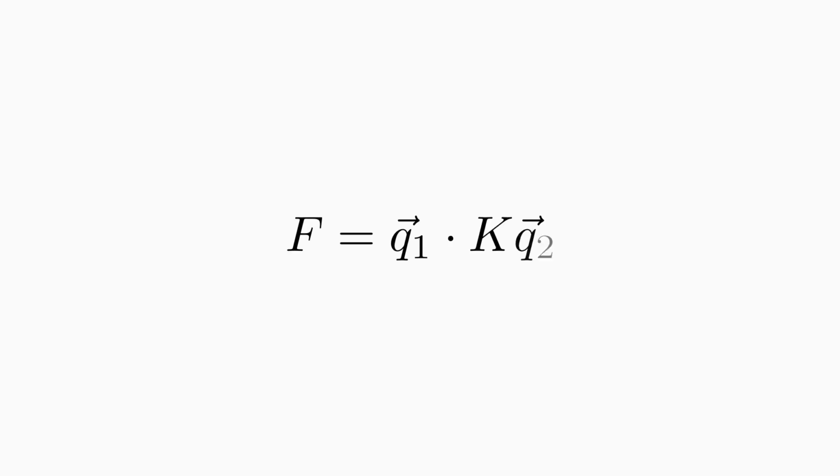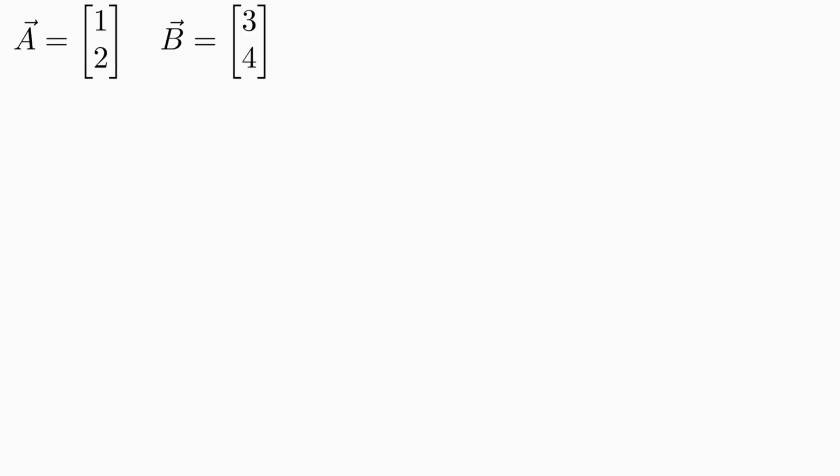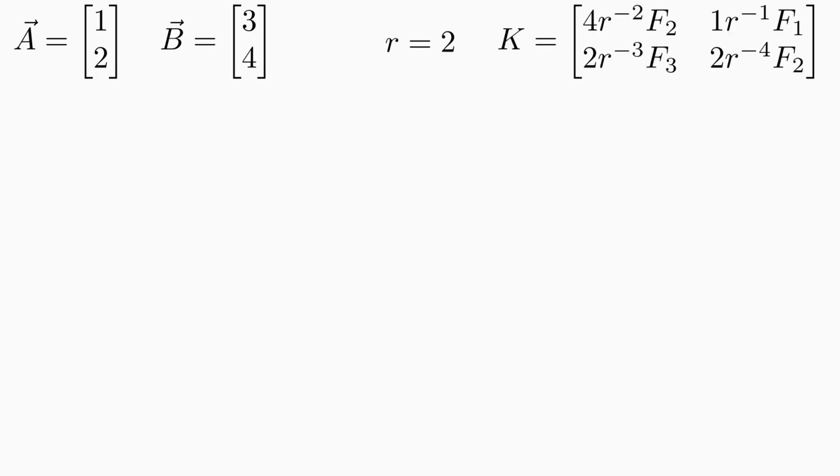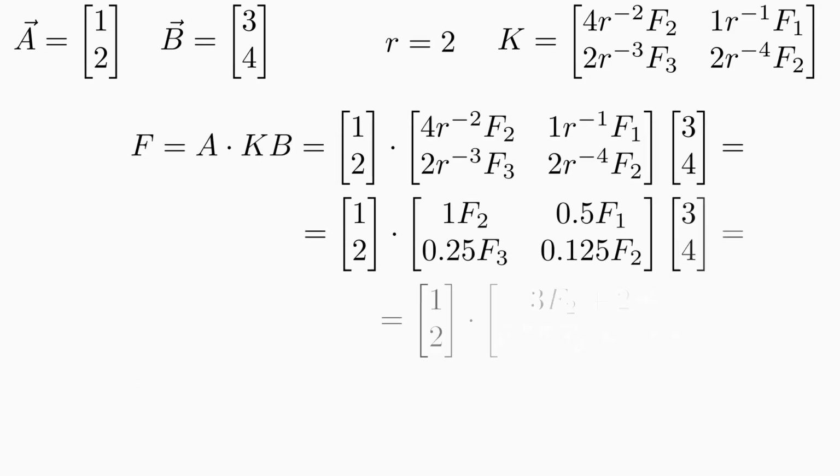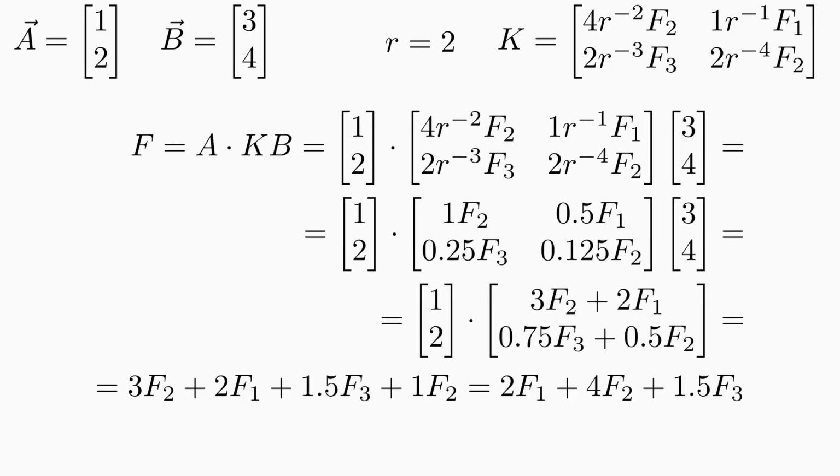As an example, if we have these 2 point charges separated by a distance of 2 and K is this, the force applied on A is 2 units of force of order 1, 4 units of force of order 2, and 1.5 units of force of order 3.